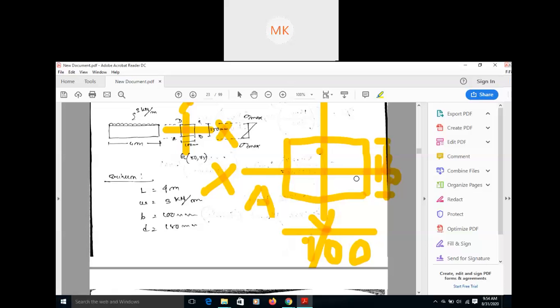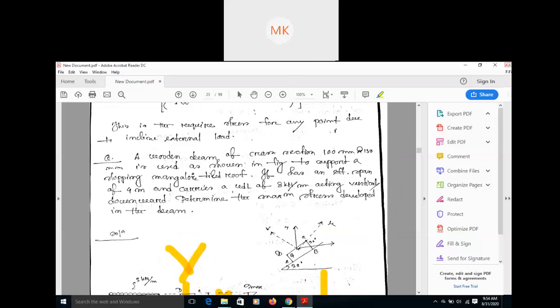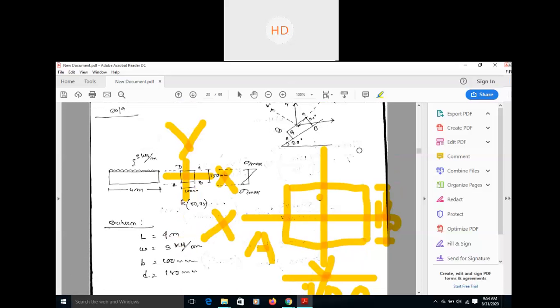In which coordinate what is the sign? In your first, second, third, and fourth coordinate, what is the sign? In first, both positive. Then second, one positive and one negative, third one both negative, then fourth one negative and positive. Okay. Third one is both negative, is it?